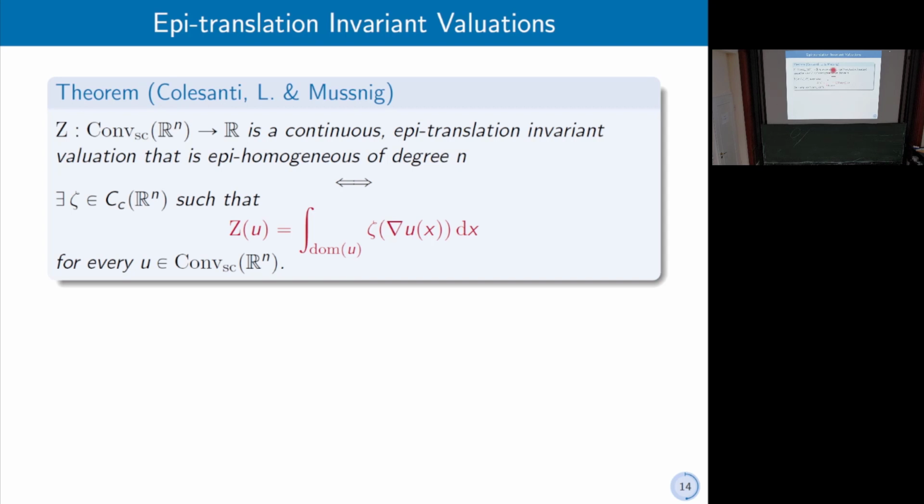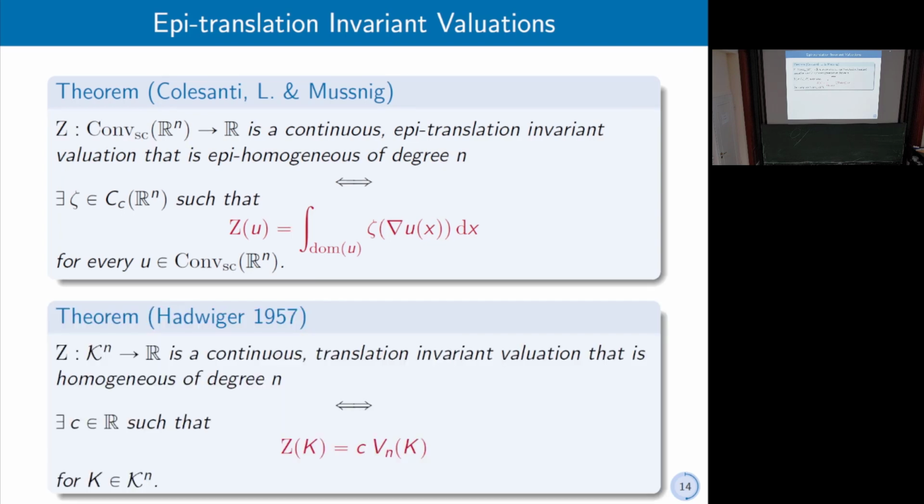And this again is a characterization theorem, an if and only if statement: there exists a continuous function with compact support, zeta, such that the valuation of u is equal to the integral over the domain of u, zeta of gradient of u of x dx, for every function in my space. And domain here is the set of points where my function is finite. Otherwise, it doesn't make sense to define the gradient. The gradient, of course, of a convex function is defined almost everywhere, so everything makes sense.